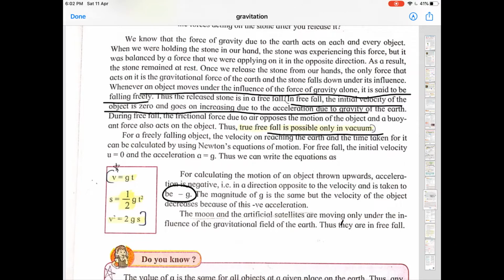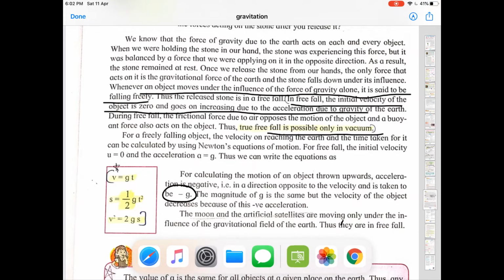Let's see how the equations of motion change when we apply the concept of free fall. Now, we know that there are three equations of motion. The first one is v = u + at.